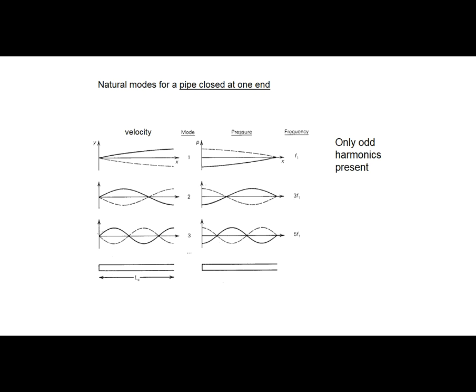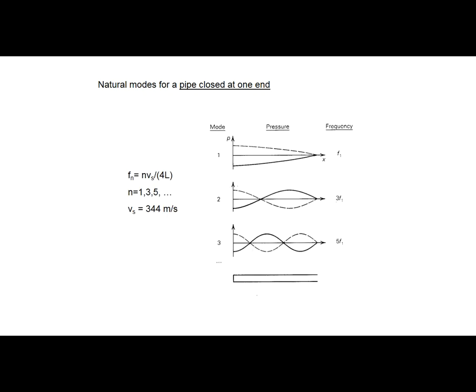So in other words, only n equals 1 or n equals 3 or 5 or 7, but not 2, 4, 6, or 8. So anyways, the way to read this formula here is it's nv over 4L, and the other big difference is that n can only be equal to 1, 3, 5, etc.